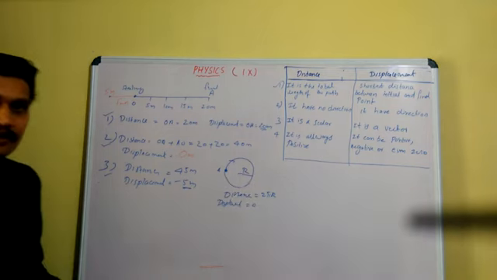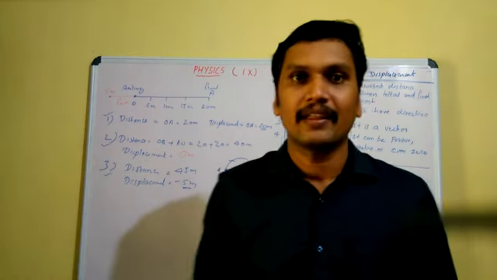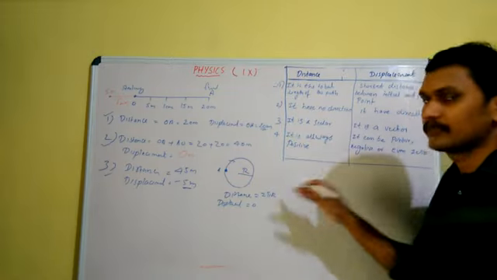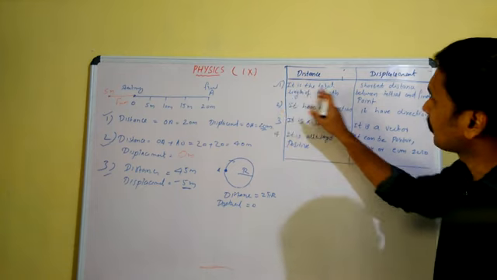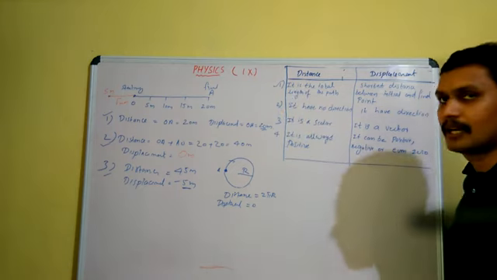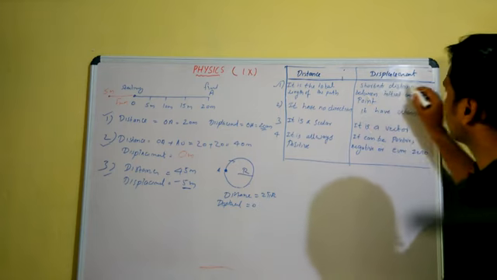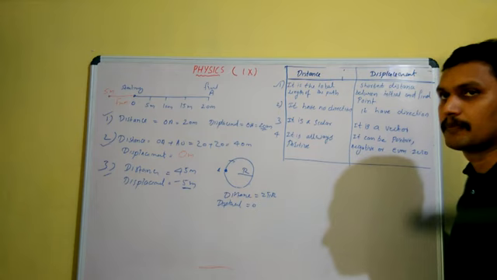Now once more, you see here the differences between distance and displacement tabulated, the 4 points of difference. One is the definition itself: distance is the total length of the path covered by the moving object, whereas displacement is the shortest distance between the initial and the final point.